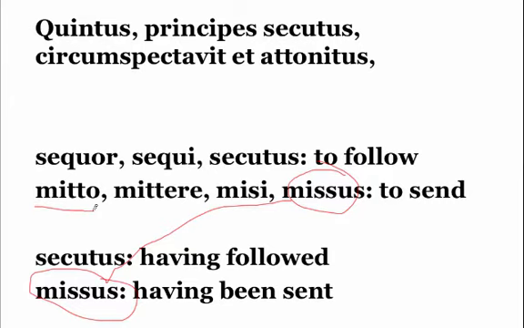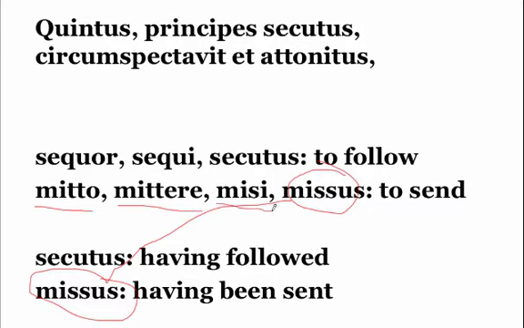Mitto, present tense, I send. Mittere, infinitive, to send. Misi is the I form of the perfect tense, I sent. And again, the fourth form of an active verb is the past participle, having been sent. The past participle of an active verb is passive, having been sent.